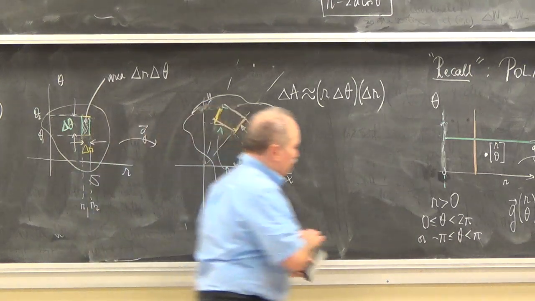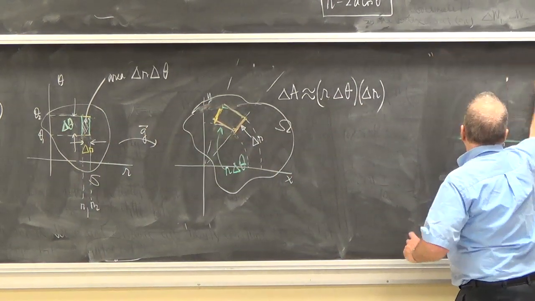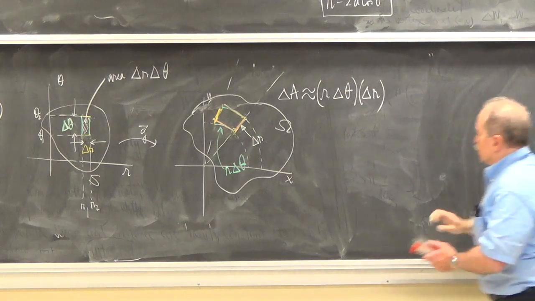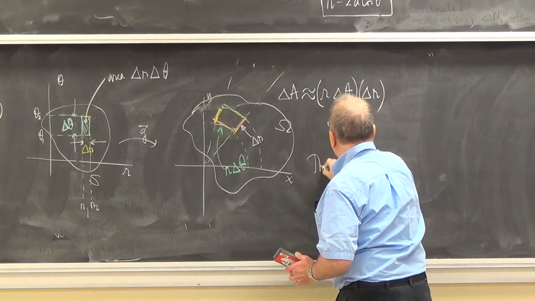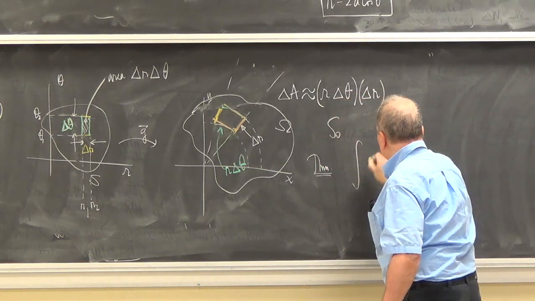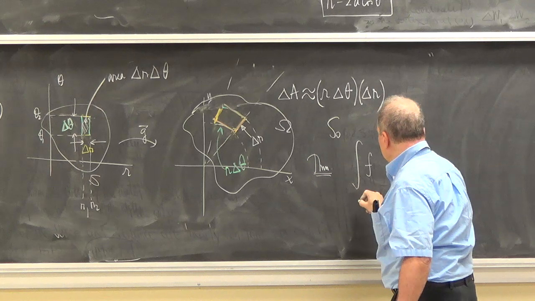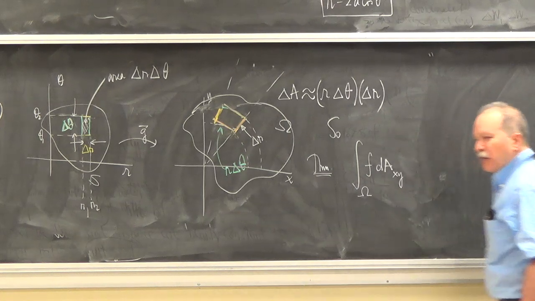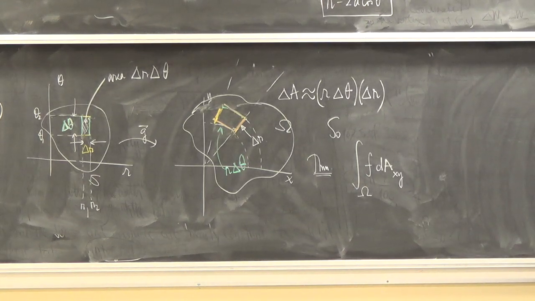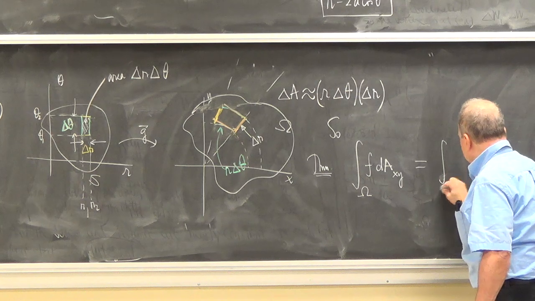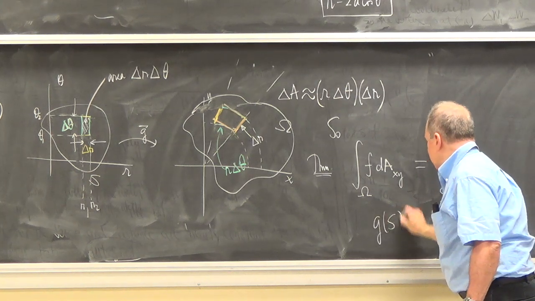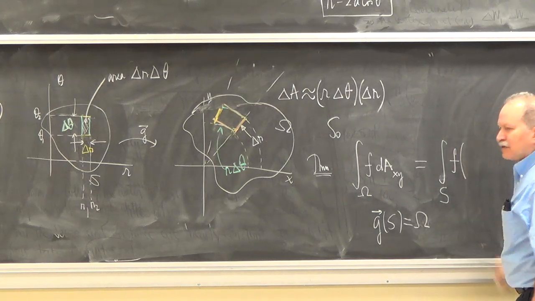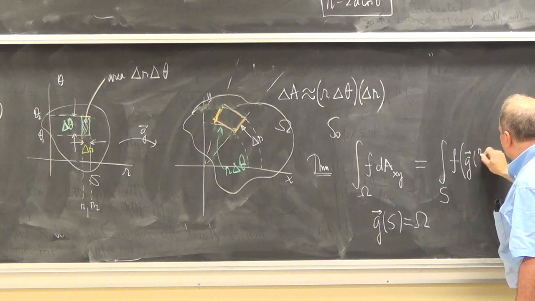I will give you a proof later that the correct thing to do when you convert the integral is to say that integrating f over the region omega in the xy plane, I'll put an xy there just to remind you that that's in the xy plane, is the integral over s, where g of s is omega, of f of g of r theta.